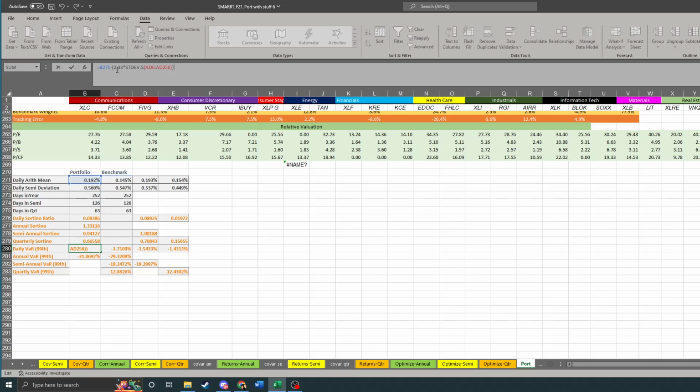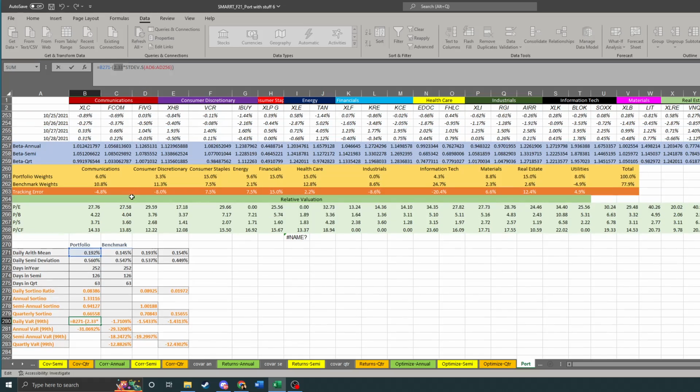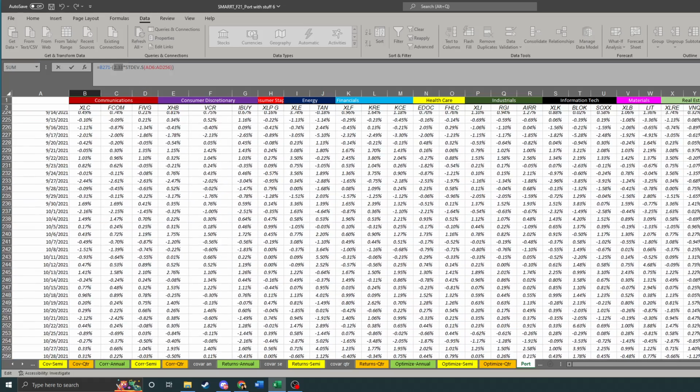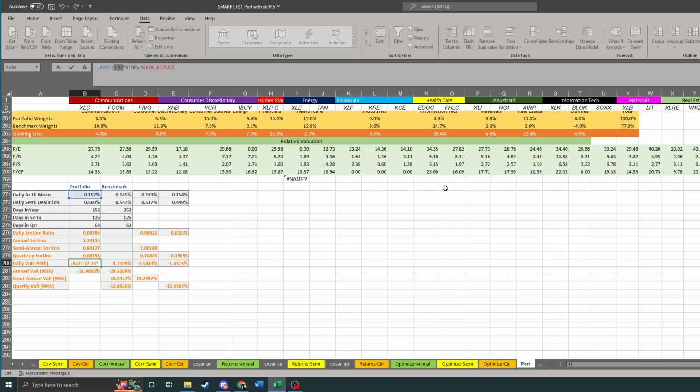You're just multiplying, I think this is the z-score, times the standard deviation of the returns. So nothing crazy. Same thing for the various different portfolios. Then semi-annual VaR is pretty much the same stuff, but a shorter time period, and same with the quarterly. So that does it for the port tab.